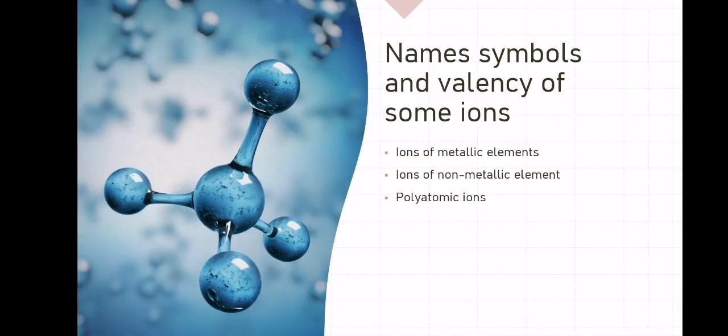Now, in order to understand the valency of ions, first we should know the names and the symbols of some ions. These ions can be classified into three types: ions of metallic elements, ions of non-metallic elements, and polyatomic ions. First, let us see the ions of metallic elements. The first one is sodium.